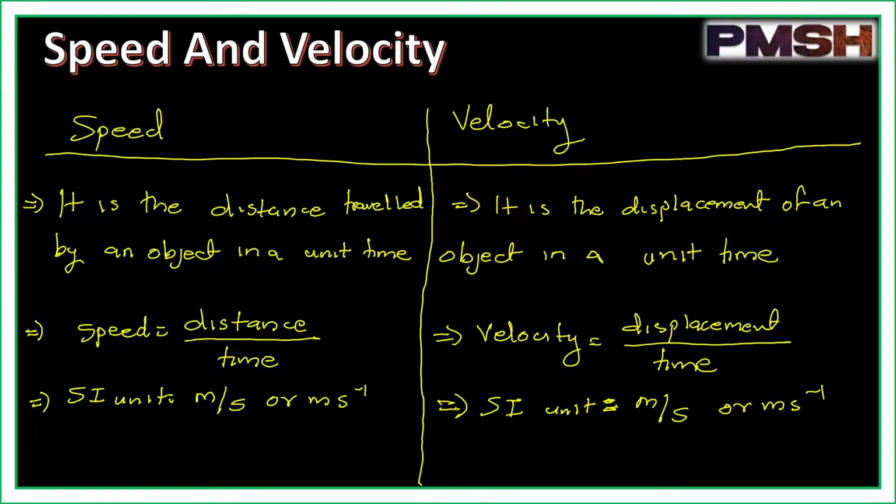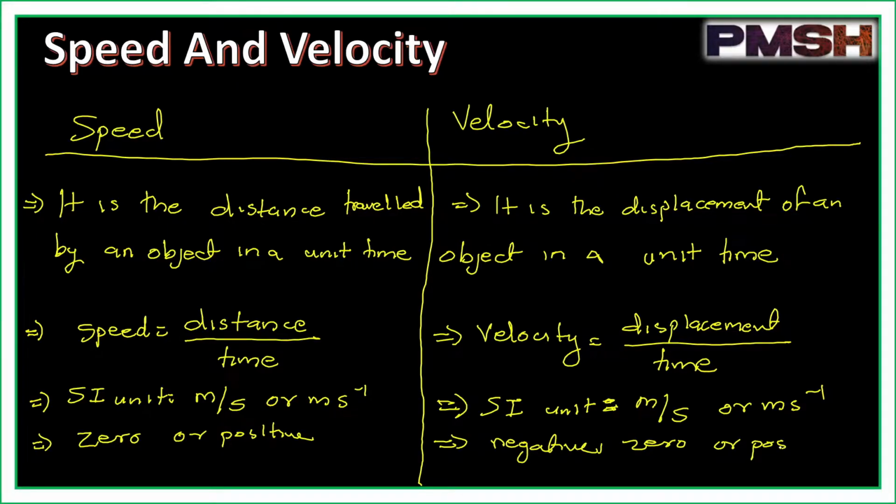Now, speed can be 0 or positive, right? Whereas velocity can be negative, 0 or positive.